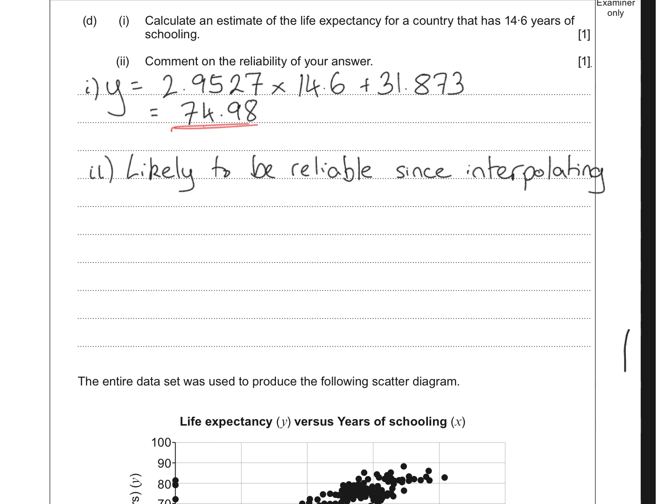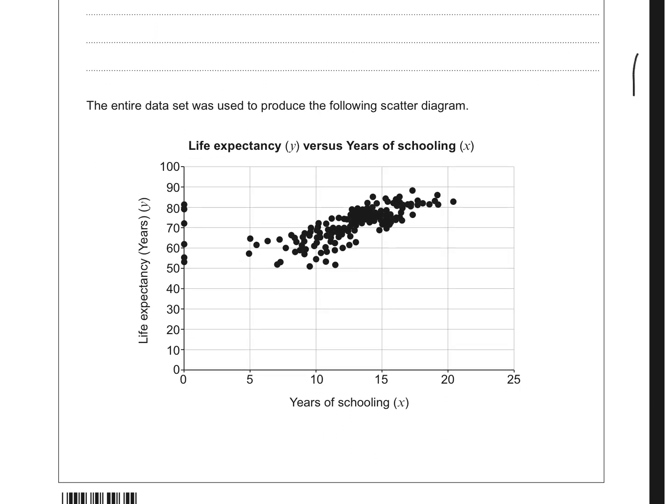Also, if you go back and look at the graph, we do have a few points of data that are very, very close to 14.6, and their life expectancy is around that 75-year mark, which makes it feel even more reliable for me.